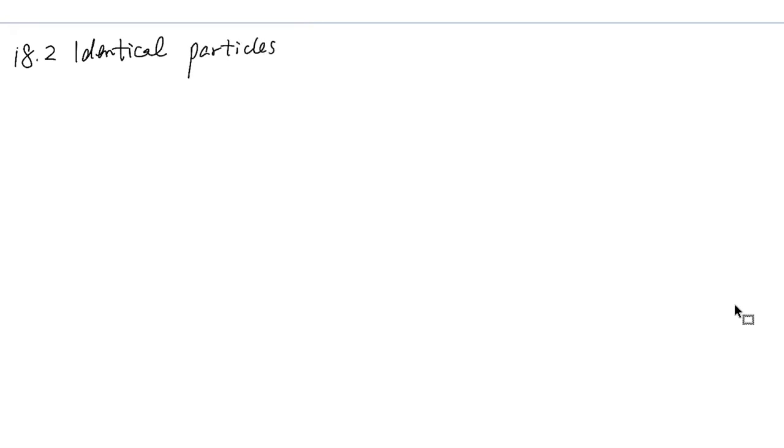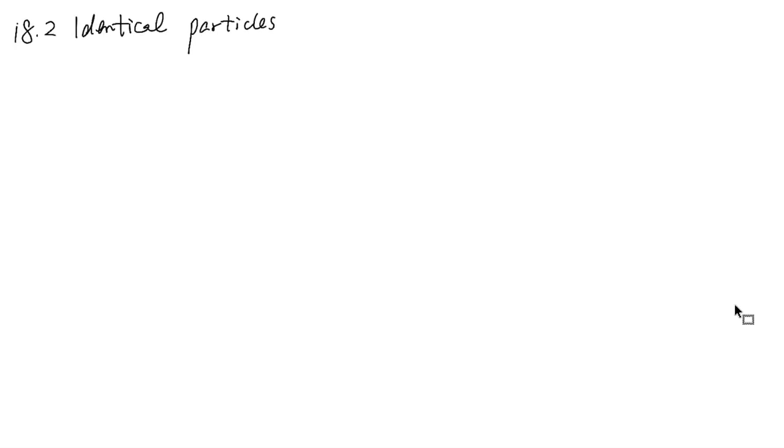Now, let's talk about the wave function of a pair of identical particles. So classically, if we consider two identical particles, they are definitely distinguishable.